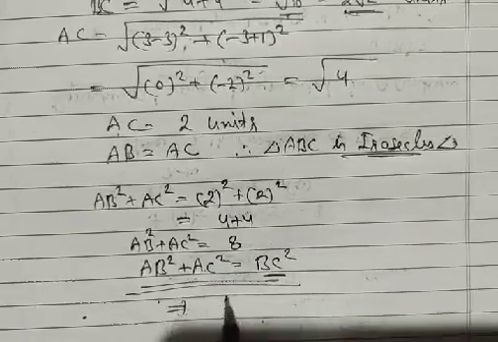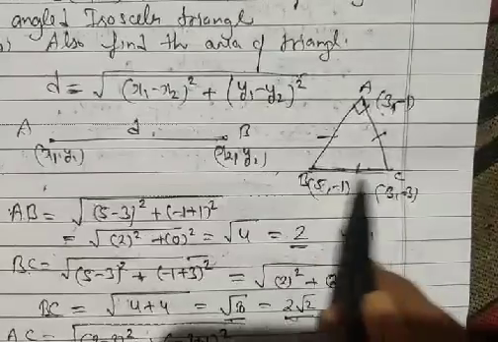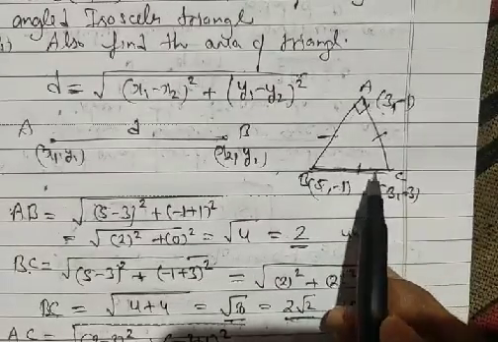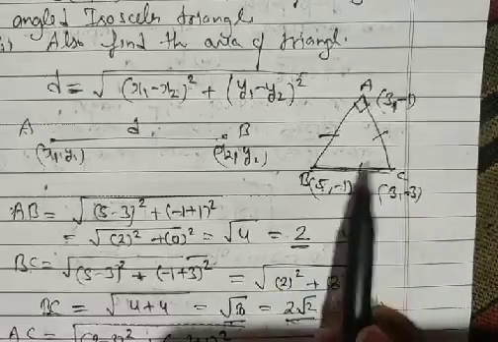This implies that our angle BAC is, since we proved that the hypotenuse square is equal to perpendicular square plus base square, it's a right angle triangle.